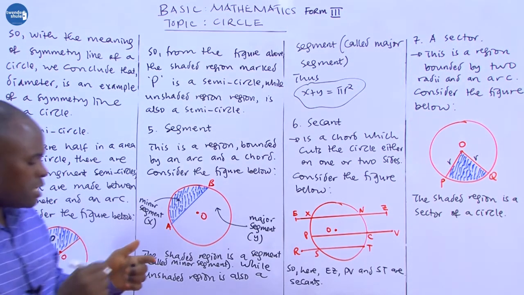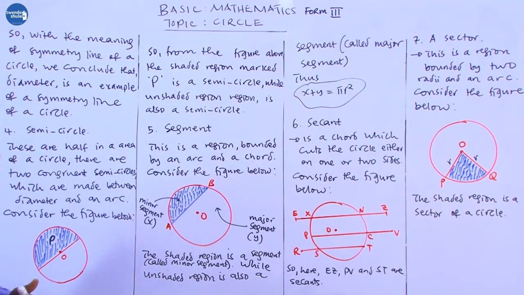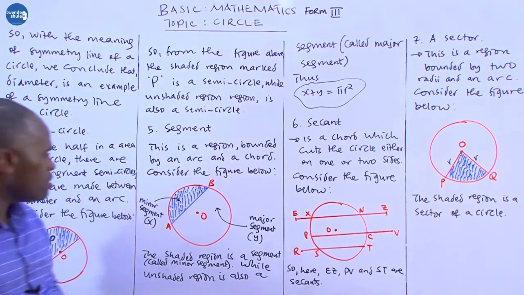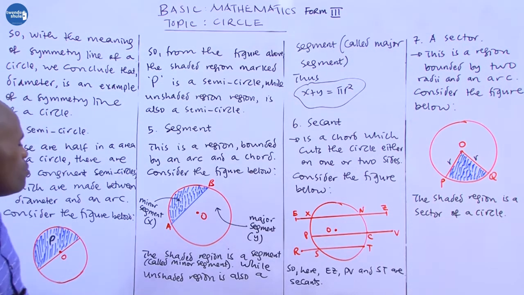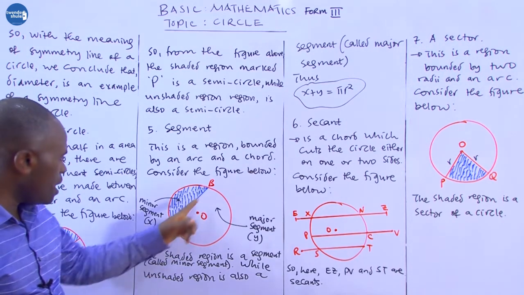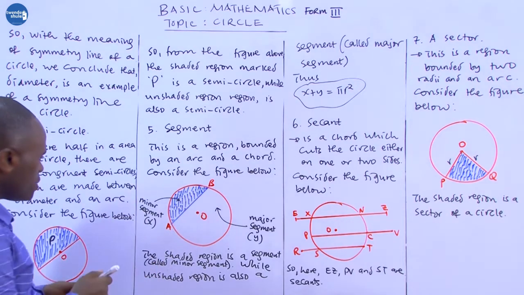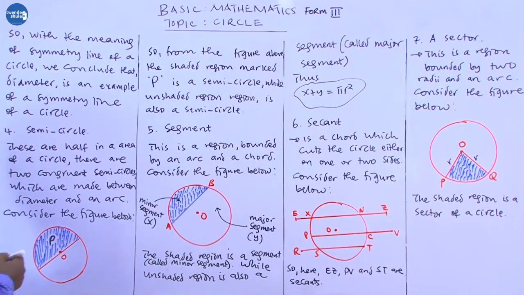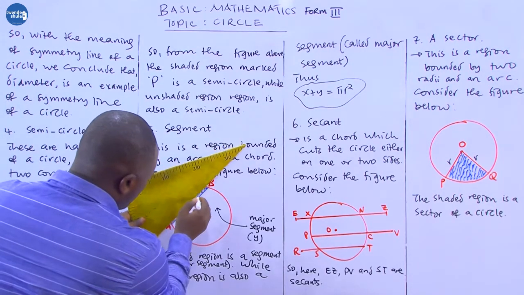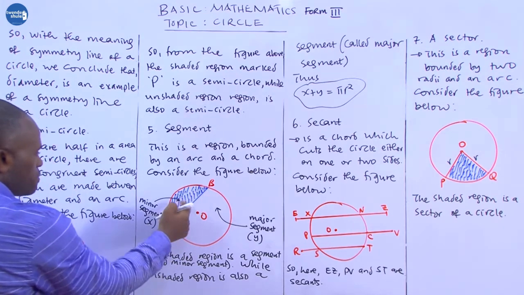So we have another term here. This is referred to as a segment. A segment is a region on a circle which is bounded by a chord. So looking at the line AB, it is a chord, and it is bounded by an arc. So we have a line AB and an arc. This region is referred to as a segment.